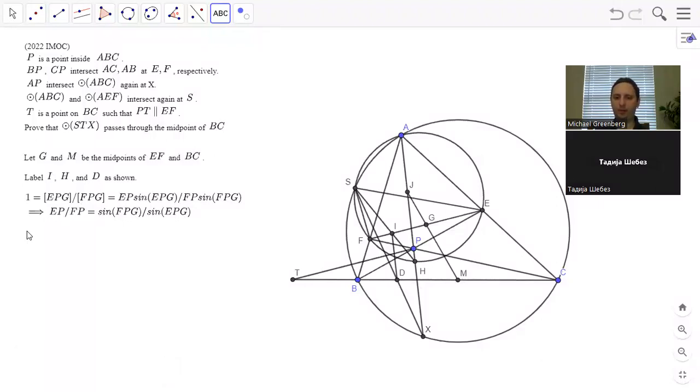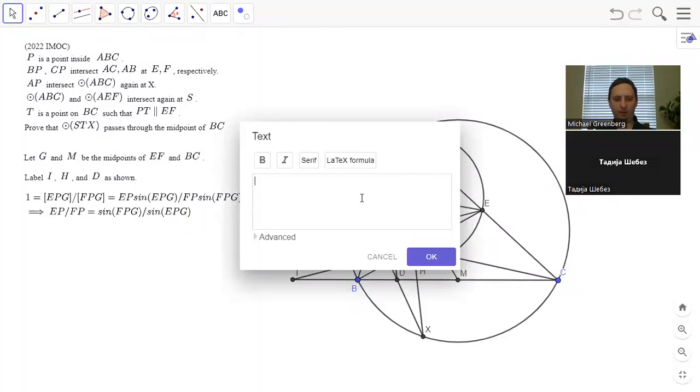So BD over CD is the area of BPD over the area of CPD, which is equal to BP sine BPD over CP sine CPD.